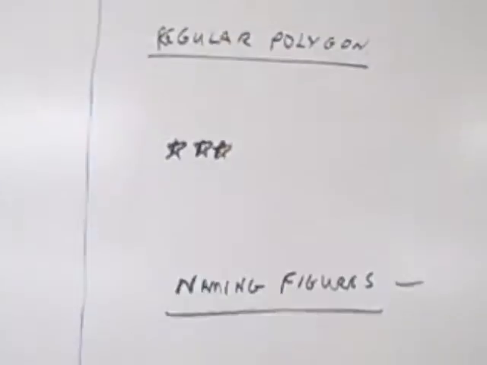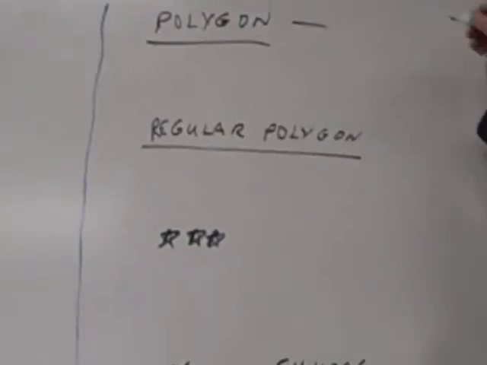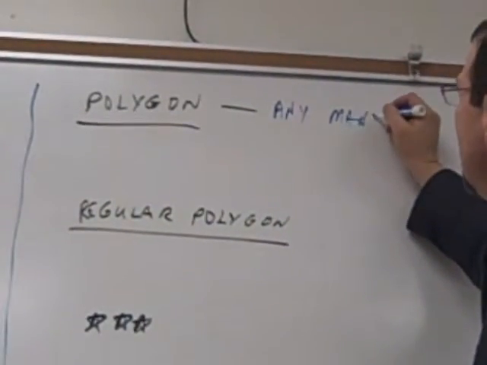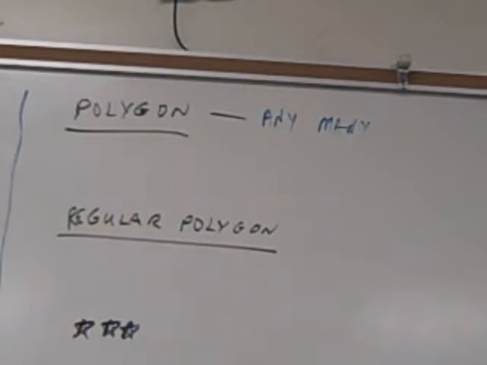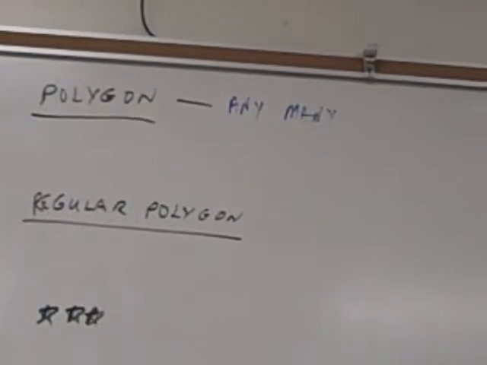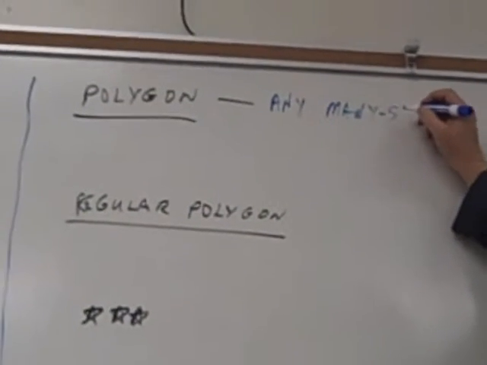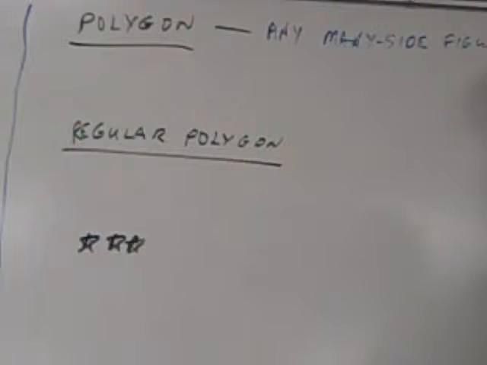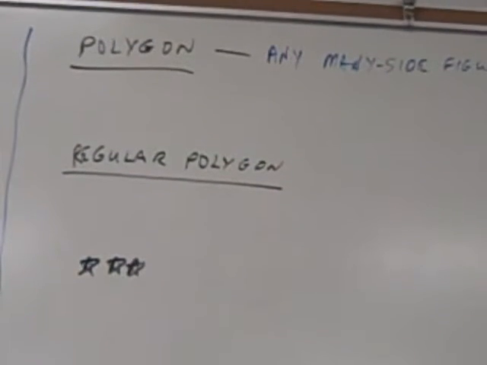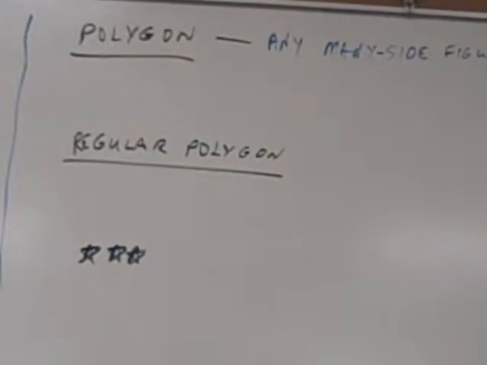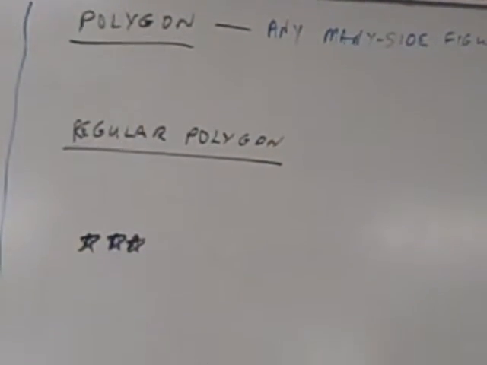So we kind of got a dot, line. A polygon. Any many-sided figure. A triangle is a polygon. A quadrilateral is a polygon.